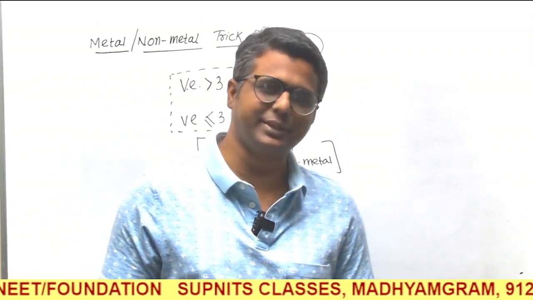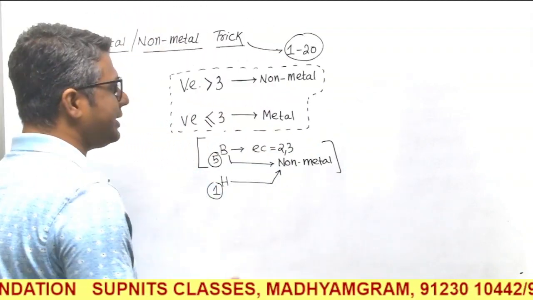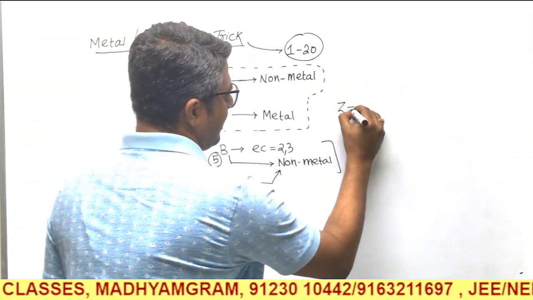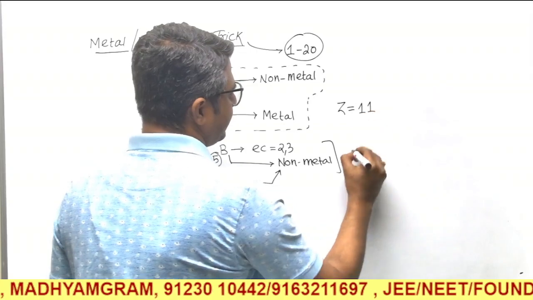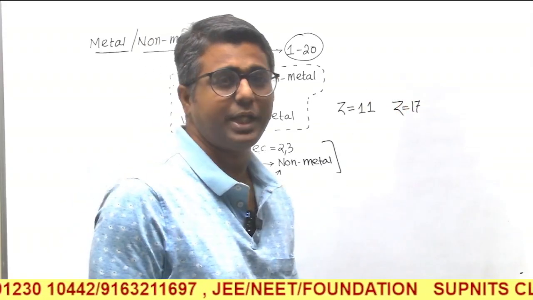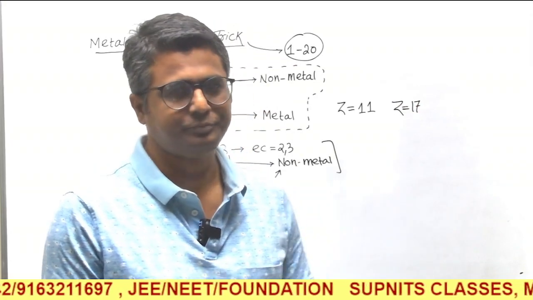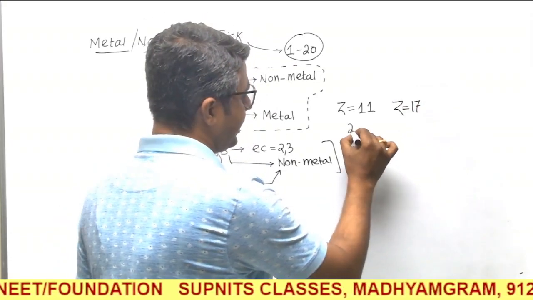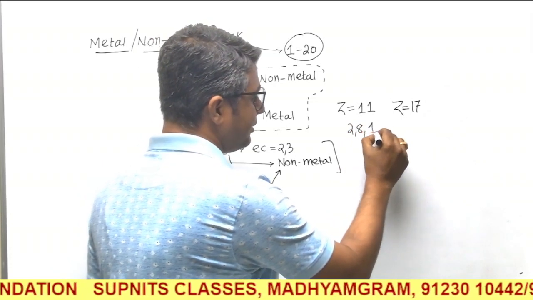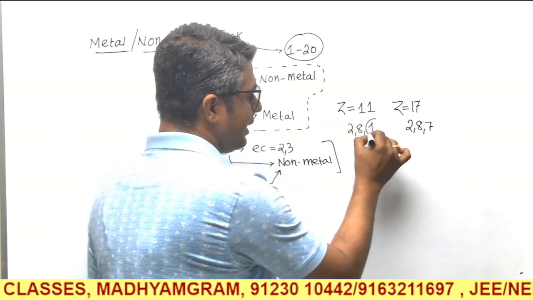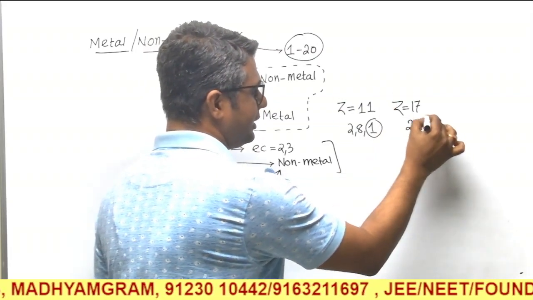Now how does this help us? Previously we took 2 examples, atomic number 11 and atomic number 17, in our last video. From there we found the electronic configuration, which I will write again: 2, 8, 1 and 2, 8, 7. So here the valence electron is 1, here the valence electron is 7.